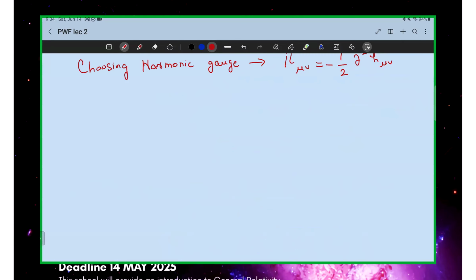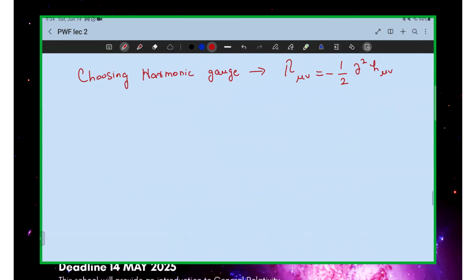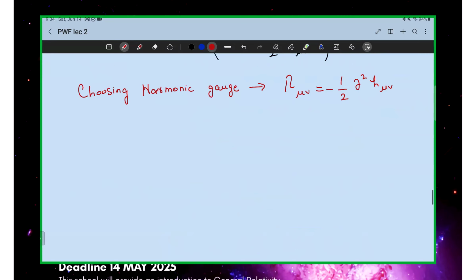Let's move on then. Okay, now we have simplified our Ricci tensor R mu nu. If I write down the trace reversed form of the Einstein field equation, it was something like this. I derived it in the previous lecture. Then you can see that I don't need to write down the expression for the Ricci scalar.